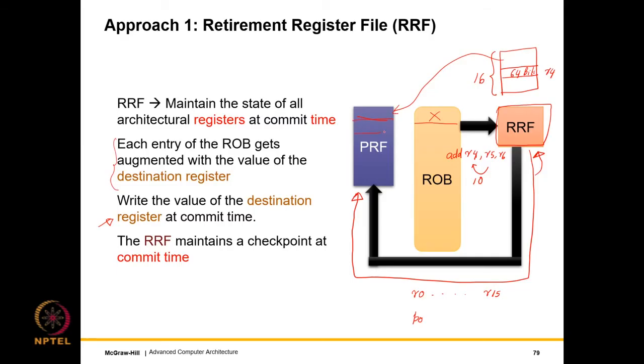In the entry for R1 we write the contents of R1 from here. So we essentially transfer this entire state: R0 will go to P0, R1 will go to P1, so on and so forth. At least the first 16 physical registers can just be made a copy of the architectural registers, and the mapping can be set in such a way.